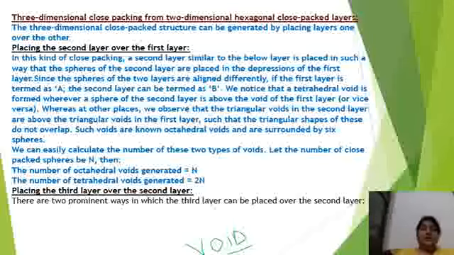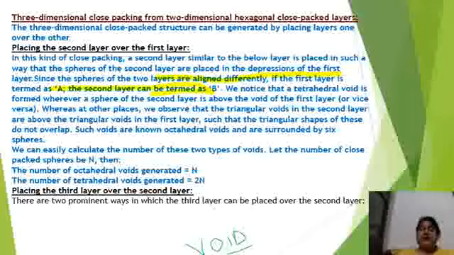So in this, when the second layer is over the first layer, means first layer के just ऊपर इस तरह से second layer आ रही है. Then the third layer will be like this. Fourth will be like this. So what will we get? We get the AB type. Means the first layer is termed as A, so the second layer will be termed as B. The alignment will be different. ठीक है?